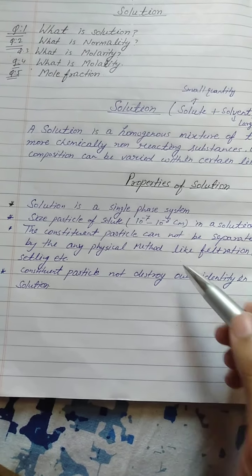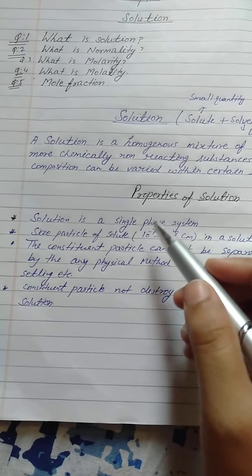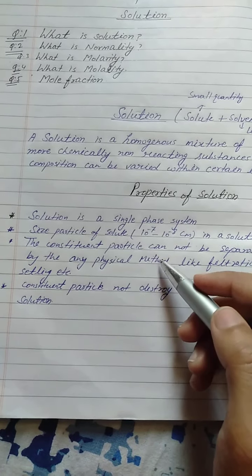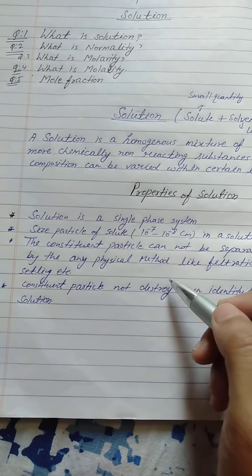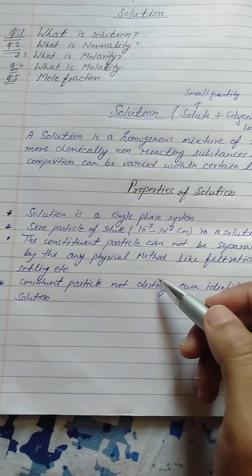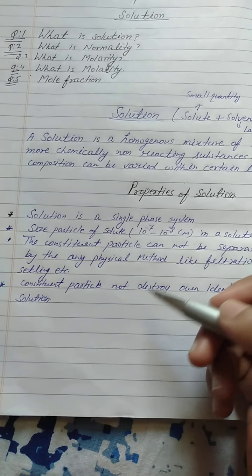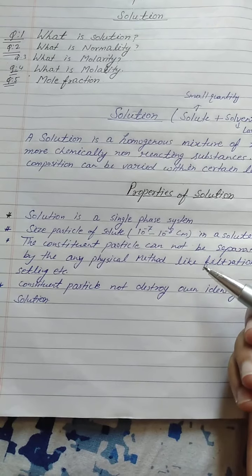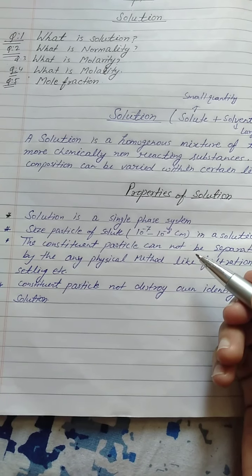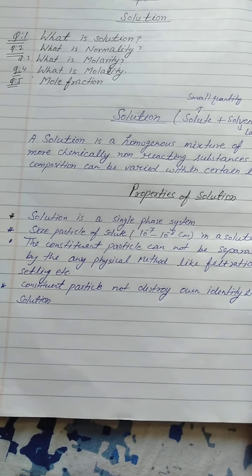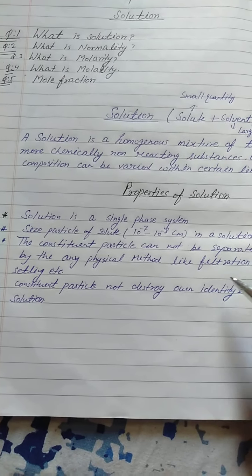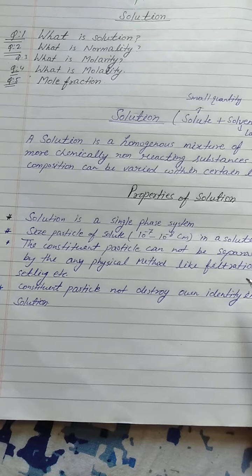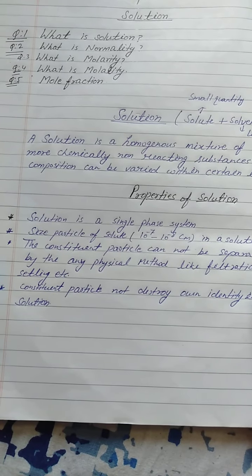For example, we have a salt solution, means NaCl dissolved in water. If we want to separate solute and solvent from each other by any physical method, then we cannot separate the solute from the solvent.